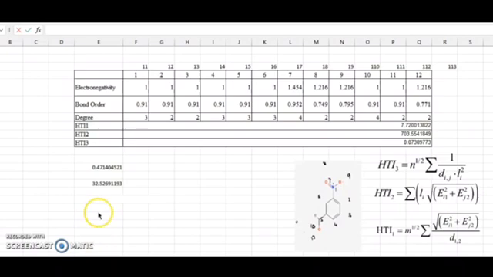For HDI3, the formula will be equal to 1 over, open bracket, the first degree point minus 11, close the bracket, powered by 2, and just continue the formula with the second vertex, third vertex, and so on.